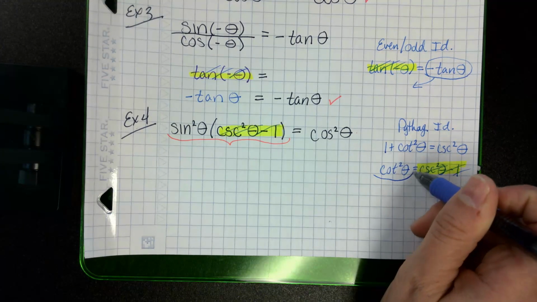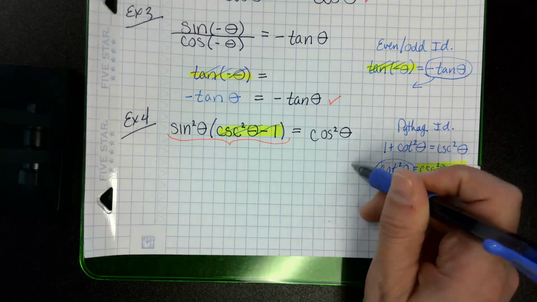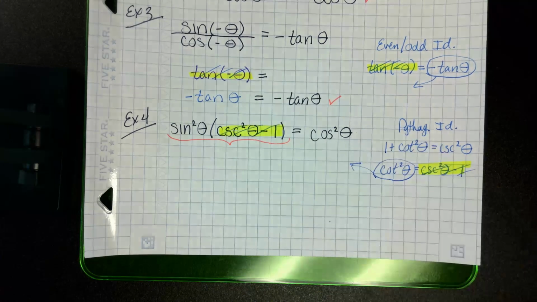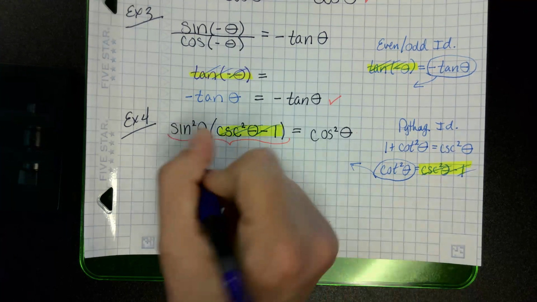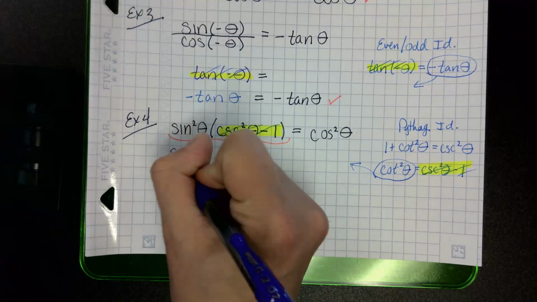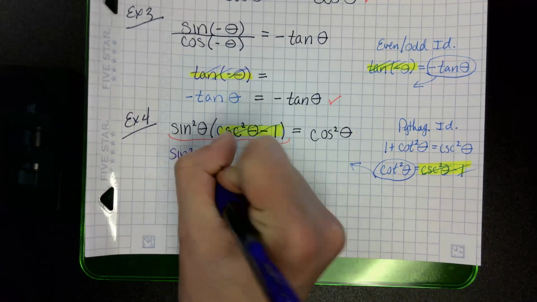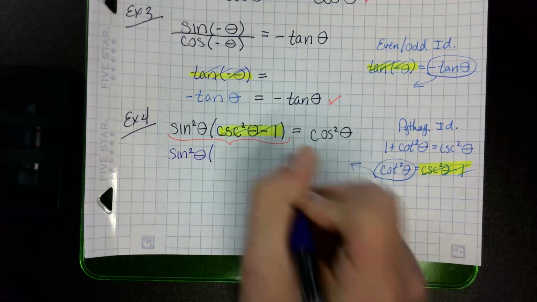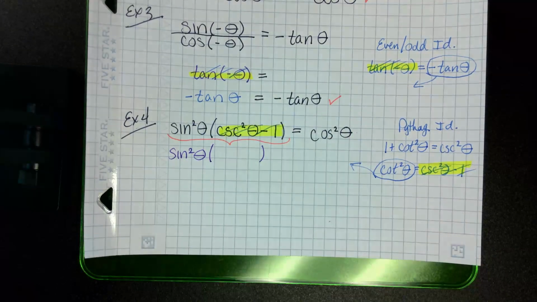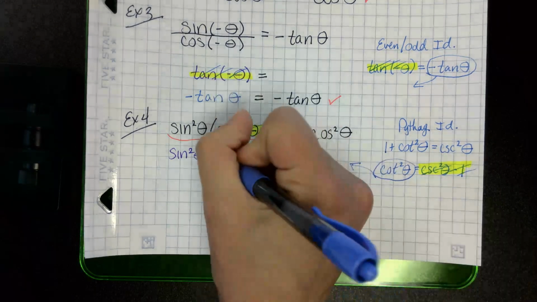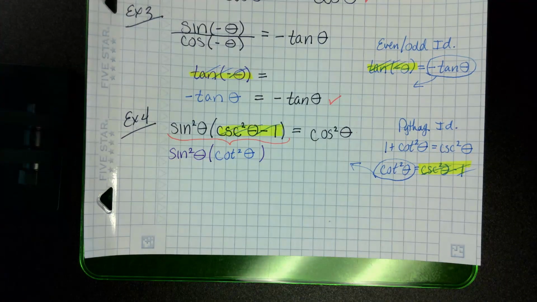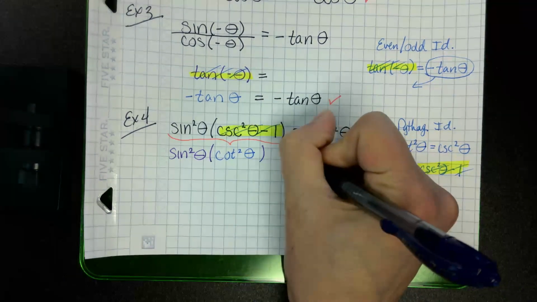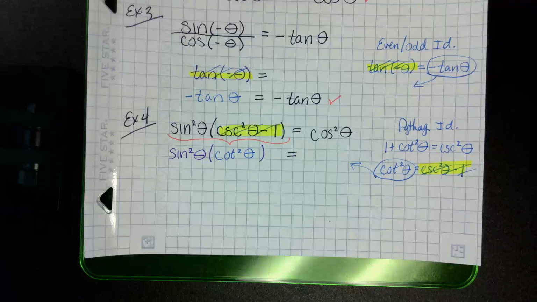And the other side is what I'm going to put back in its place. All right, so now I have sine squared theta, and in parentheses, I'm going to put cotangent squared theta. And it should equal whatever's on the right, which is cosine squared theta.